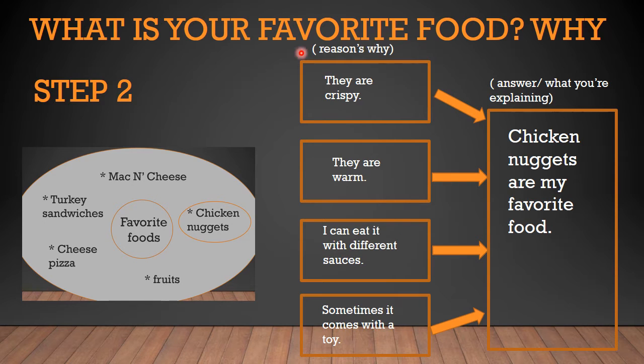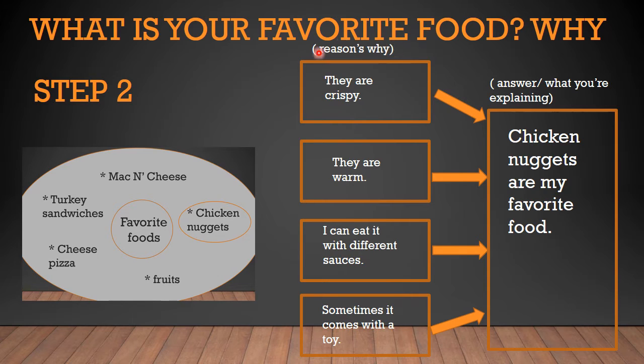So I have one rectangle for a reason why, 2 rectangles for a reason why, 3 rectangles for a reason why, and 4 rectangles for a reason why, which means I'm going to have 4 reasons why I'm talking about this box here, which is chicken nuggets. So because of this reason, my arrow points to my chicken nuggets.